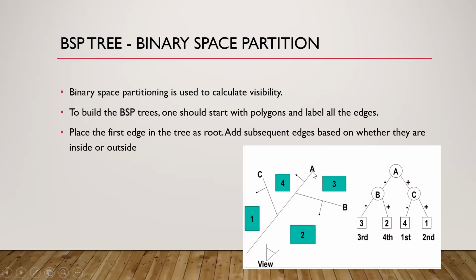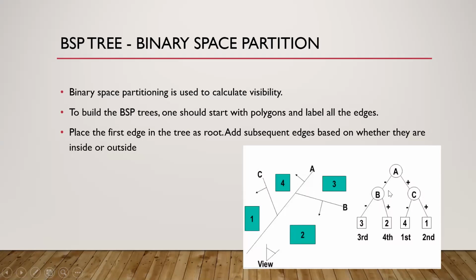If you consider object A, the front of A is the direction in which it is pointing. In front of A you have the C object, that is why C comes on the right side, and behind A you have the B object. That means the object coming behind this arrow is on the left, being the left child node.